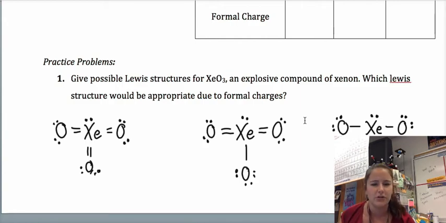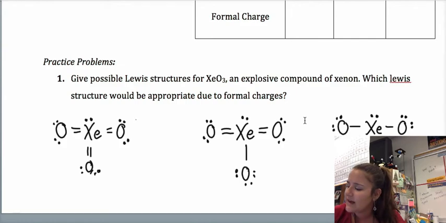First, let's figure out the formal charge for those double bonded oxygens. Oxygen typically has 6 valence electrons, and in this one it has 1, 2, 3, 4, half of the bonding, so 3, 4, 5, 6, so minus 6. So that means the formal charge on the double bonded oxygens is 0, okay?